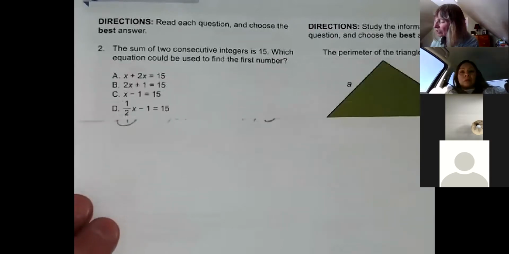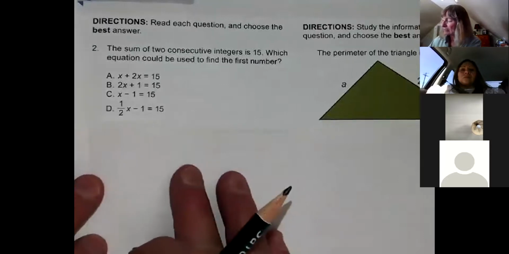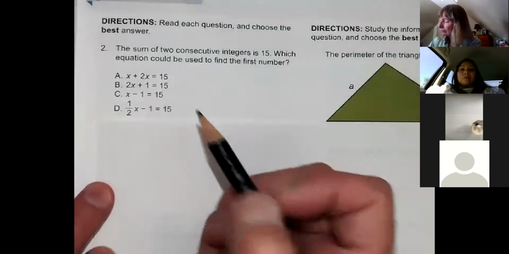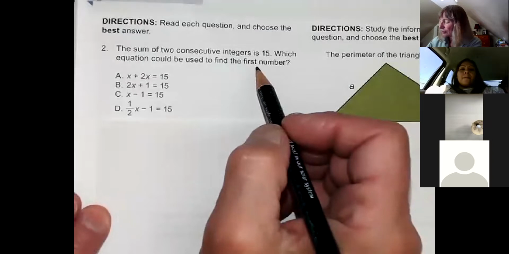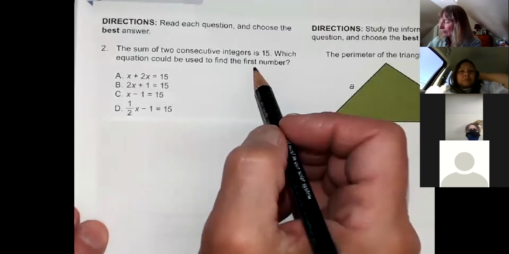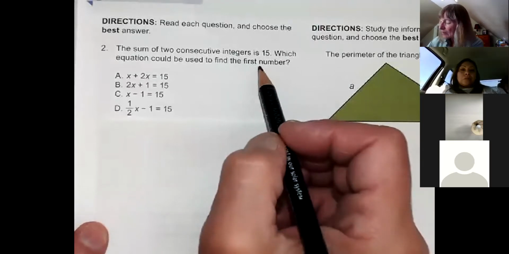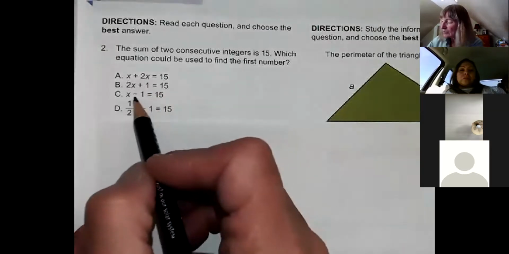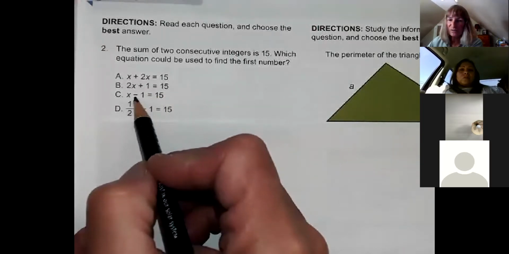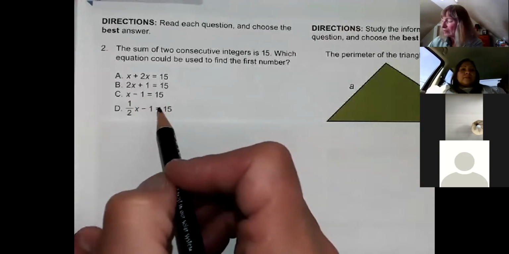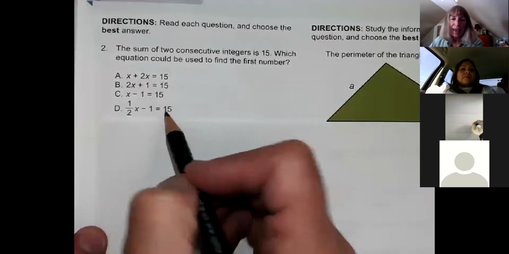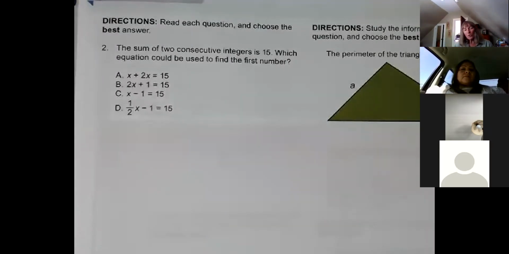So let's look at these equations here and see if any of them could make sense. Okay, we're looking for a sum. This one is subtraction. But when I look at these answer choices, they don't look like anything that I would come up with the way that I'm thinking about this problem.